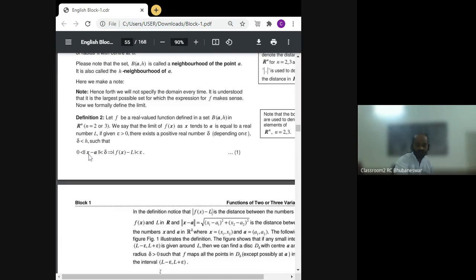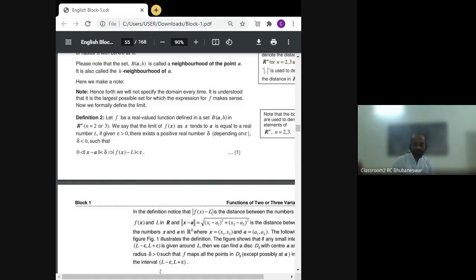So look here: norm of the point x and a will be greater than 0 but less than small delta. Then we can say that the difference between the function f and L will be definitely less than epsilon. So this is the formal definition of the limit of a function at a point A.